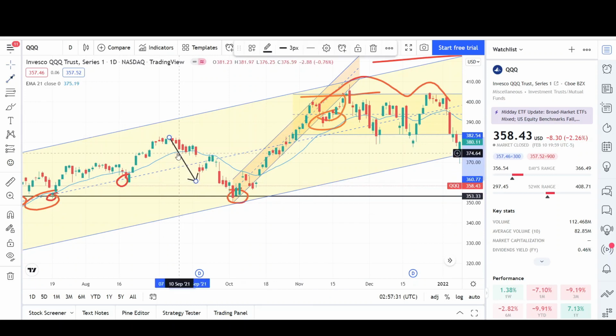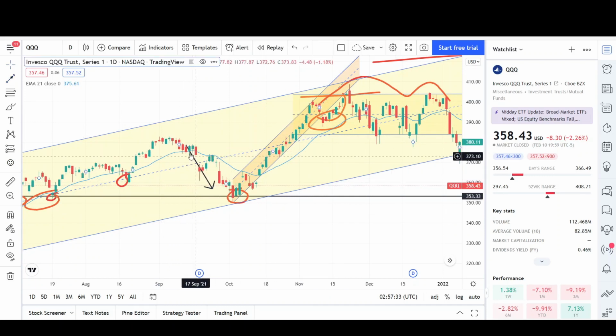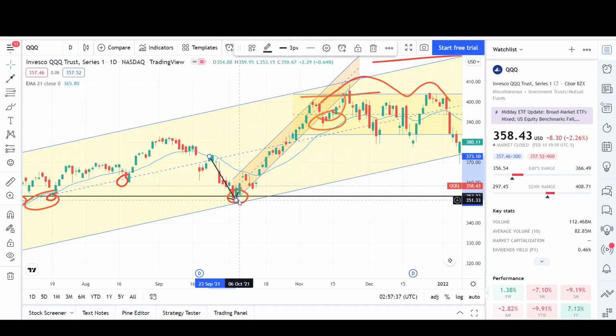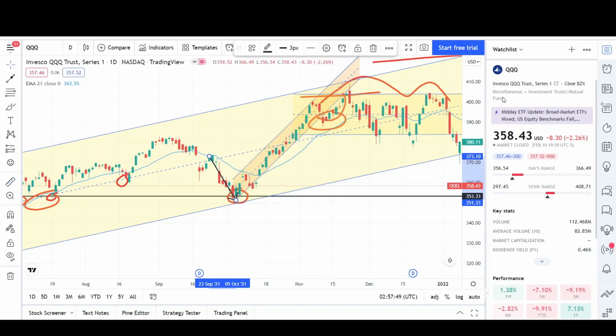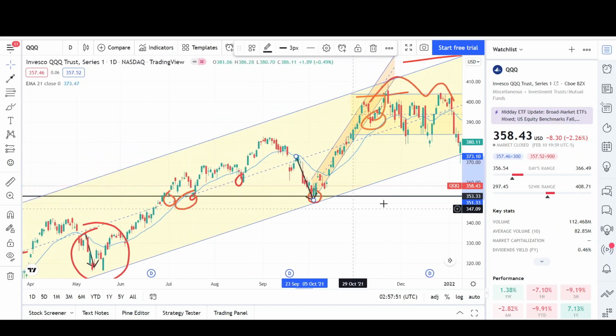So you can see this was the first leg down, and this was the second leg down right here. So perfect two legs, market moves in twos, right at support. That's a buying opportunity right there. A lot of people made a lot of money right here. That's a 14-50% gain in a very stable ETF, I believe this is.